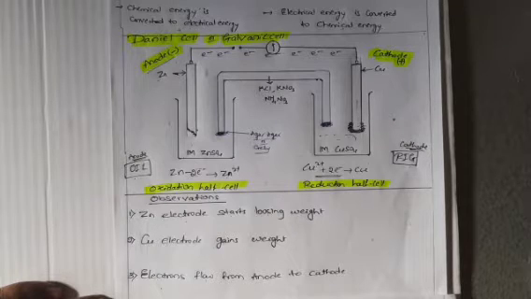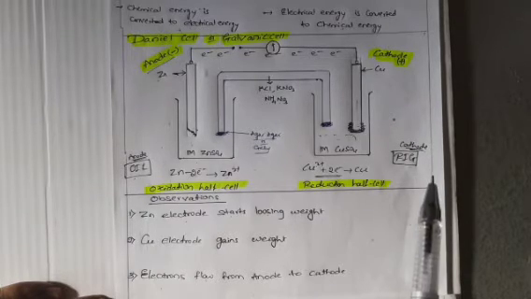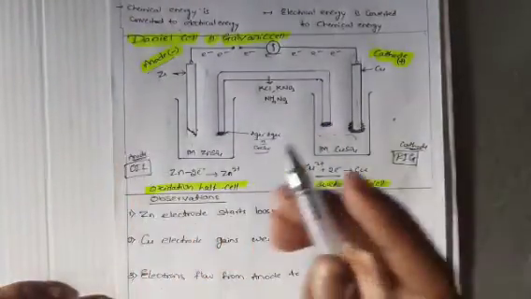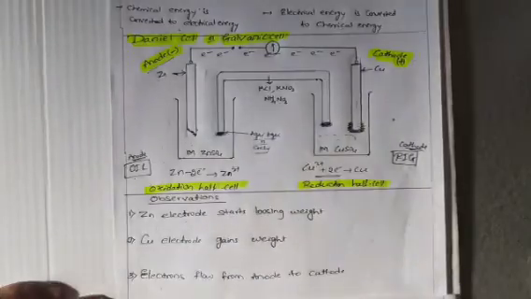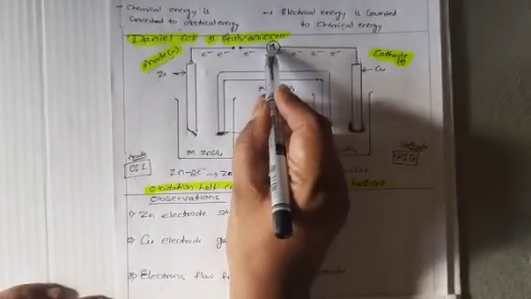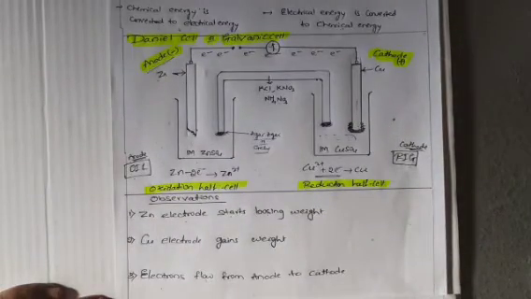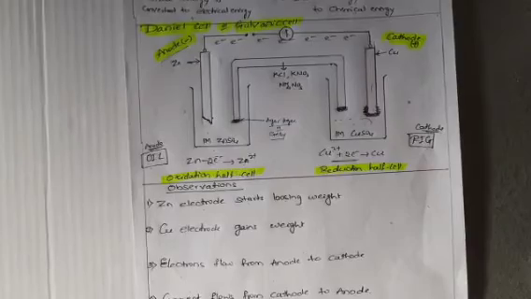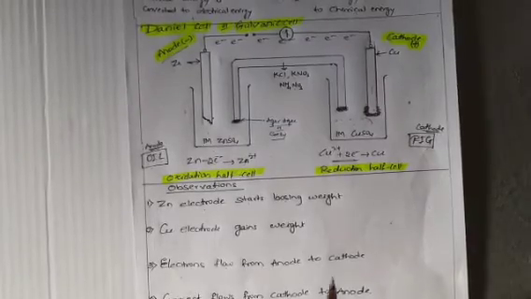When electrons flow in one direction, the current flows in the opposite direction. The opposite direction means cathode to anode. You will see a deflection in this galvanic cell. So that is the fourth observation: current will flow from cathode to anode.